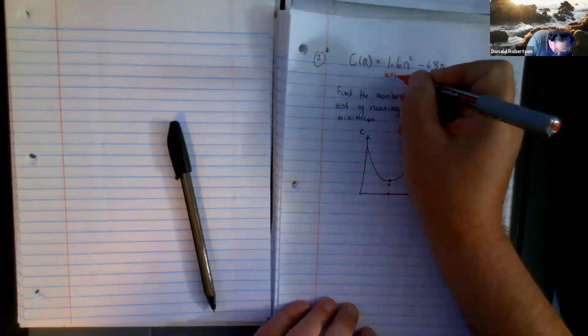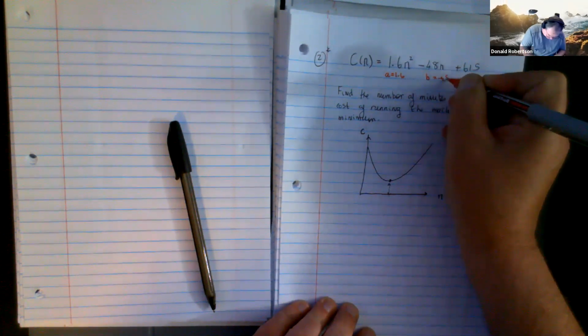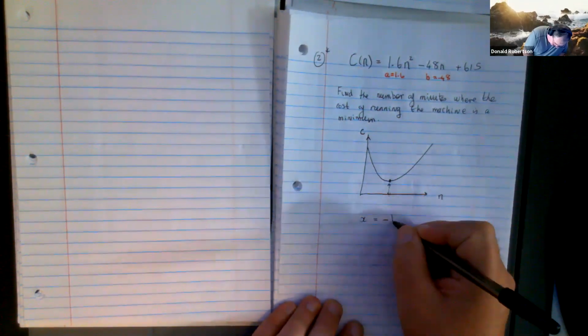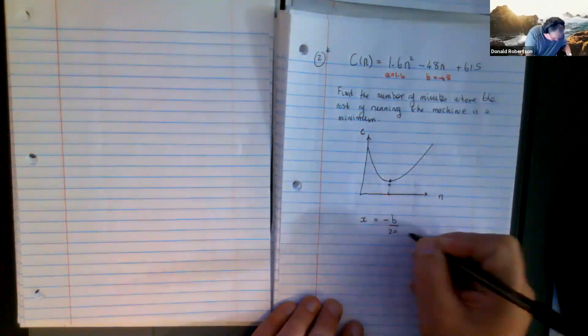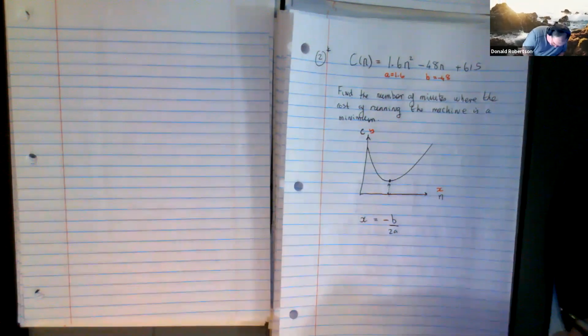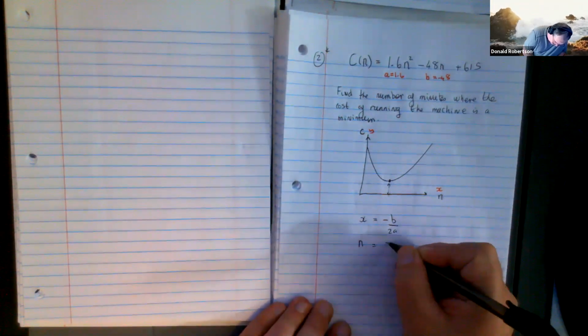Based on this equation, won't A be 1.6 and B be negative 48? So normally the formula would be x equals negative b over 2a, where this guy would be the x and this guy would be the y. It's now going to be n equals negative b over 2a.